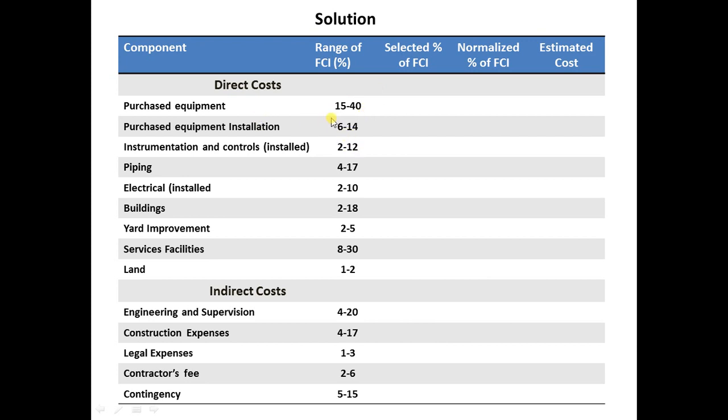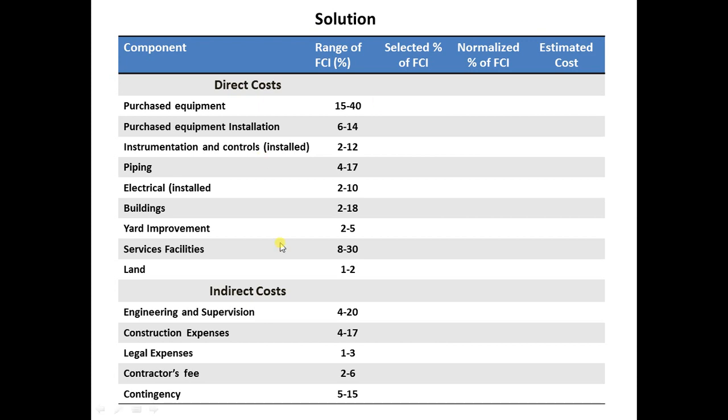Purchase equipment range between 15 and 40. Purchase installation equipment ranges between 6 and 14. So you have to take one of this. It can be 20, it can be 25, but the question says take the average. You're going to take the average of the maximum and the minimum.